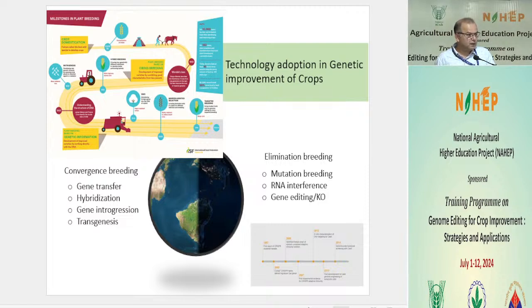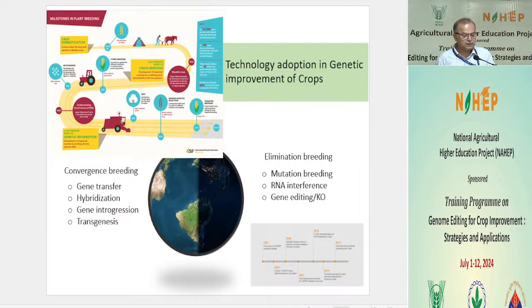But in this precision breeding, mostly only convergence was possible. You can introduce a gene by transgenic development, you can bring in a set of genes by hybridization, you can bring in a gene from a wild species by gene introgression or wild hybridization, and so on.